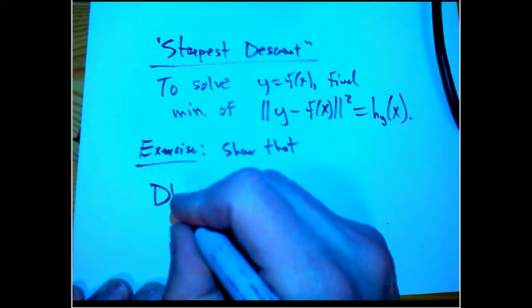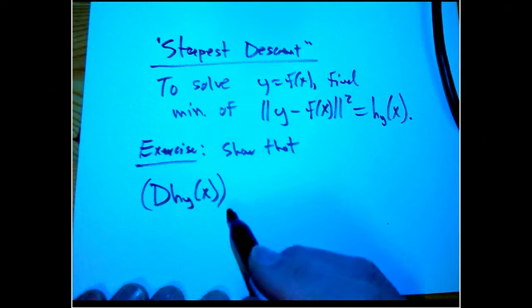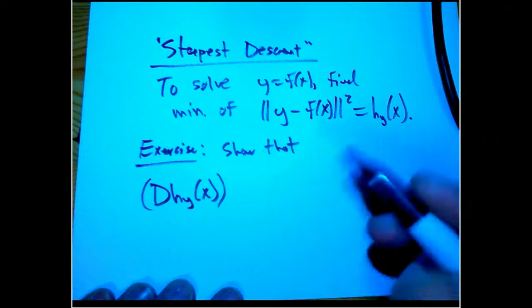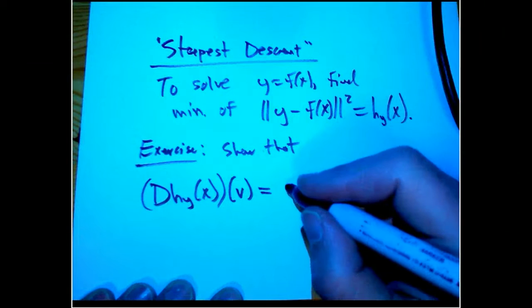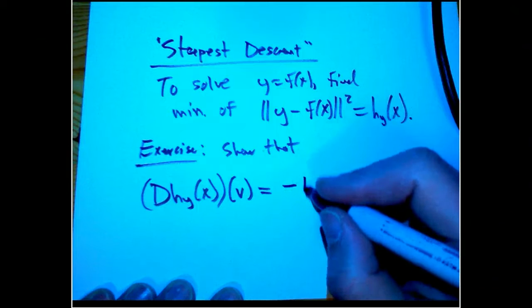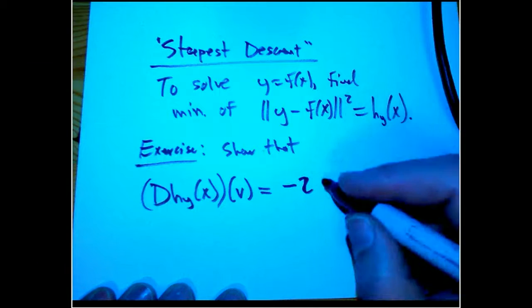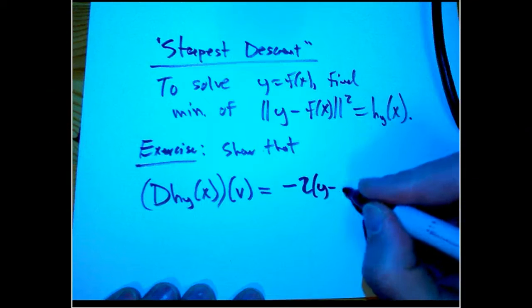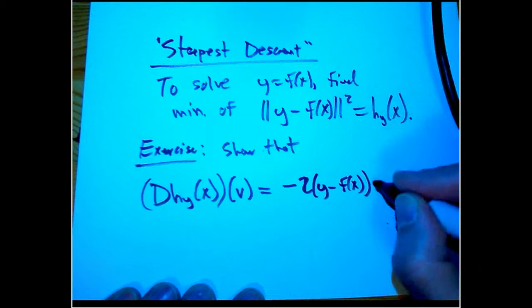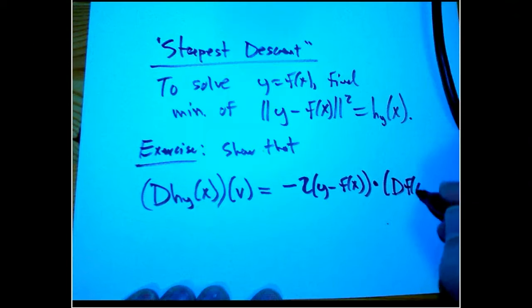So show that the derivative of this guy, evaluated at some x, that's a row vector, a matrix, or a transformation from R^n to R, so we need to put something into it, let's say v, is equal to minus 2 times y minus f of x, that's a vector, dotted, as in the dot product, with df of x, that matrix, acting on v.